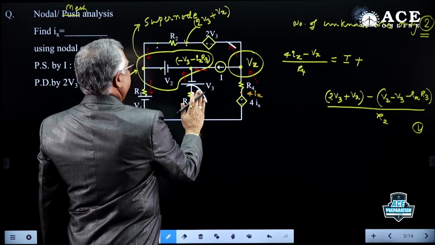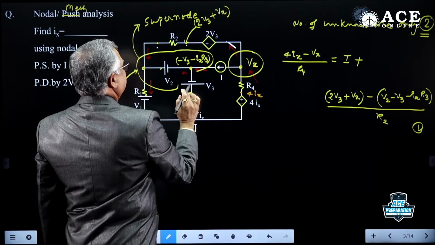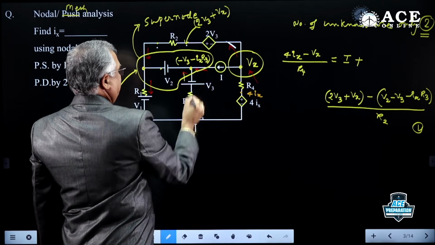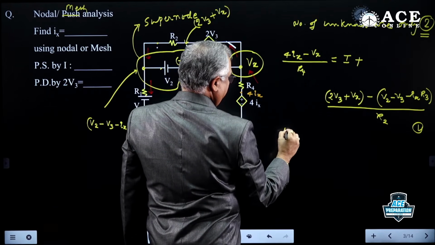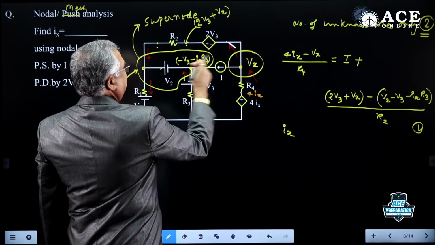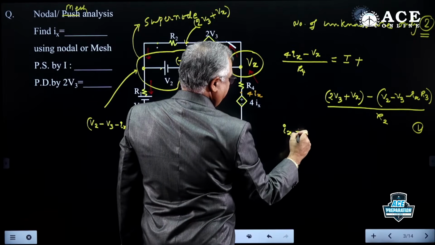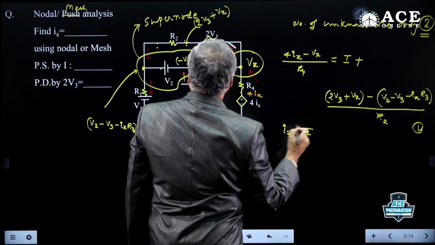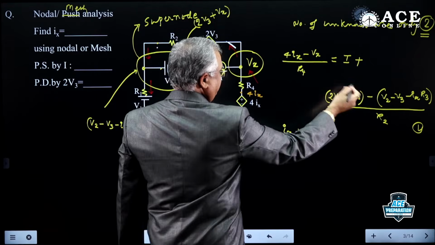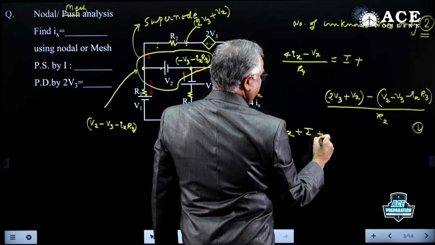So what is the current here? Here Ix is entering already. Ix is entering. Here I is entering. Entering is this term. Same.